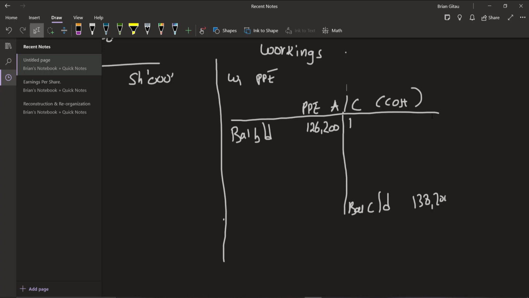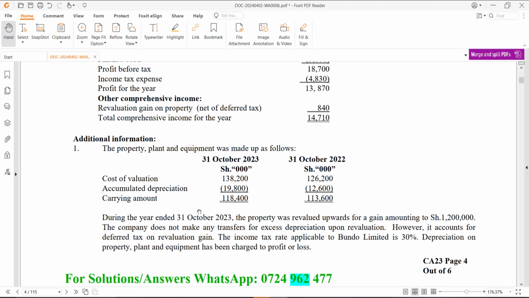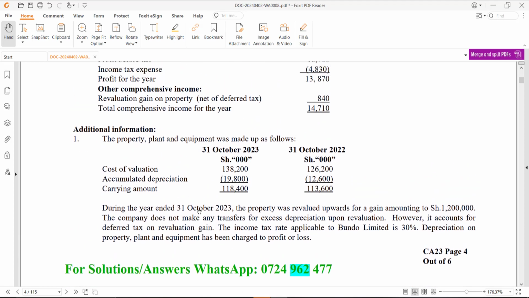Now, from the additional information number 1, we can see that during the year ended 31st October 2023, the property was revalued upwards for a gain of 1.2 million.